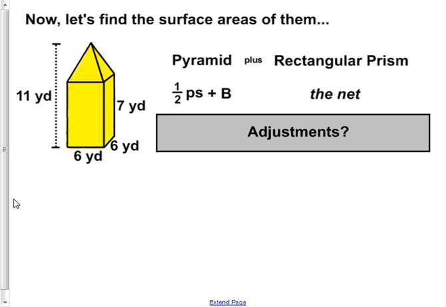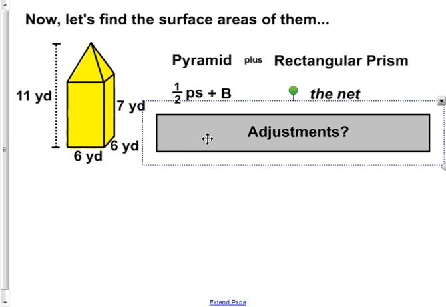So the pyramid, we can see all of the triangular lateral faces are still exposed to the exterior of the figure, but the base is caught in between the pyramid and the prism. So we would want to remove the base from the formula for the pyramid. Now on the rectangular prism, when it comes time to consider the net, if we assume that the square sides of the prism are the bases of the prism, then one of those squares is canceled out by the pyramid joining up against our prism.